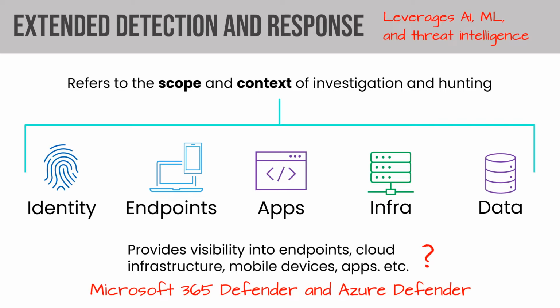So the difference being is what aspects of your estate each focuses on. And we've already seen quite a bit about the workloads covered under Azure Defender. Let's talk a bit about Microsoft 365 Defender.